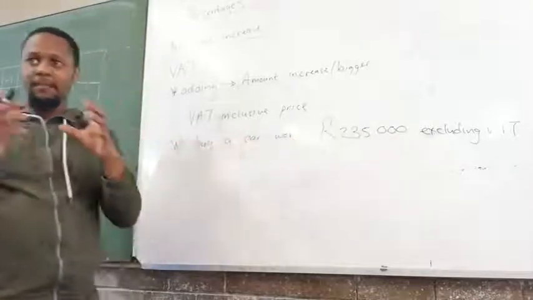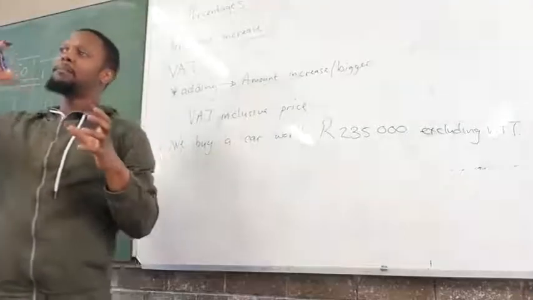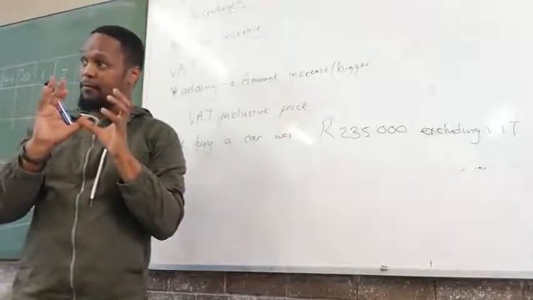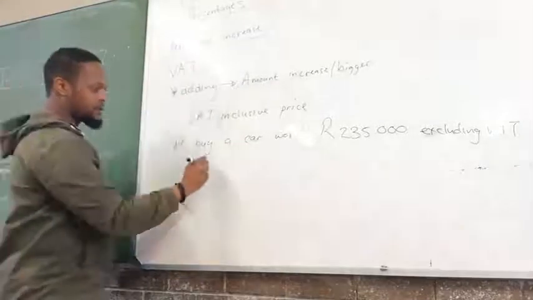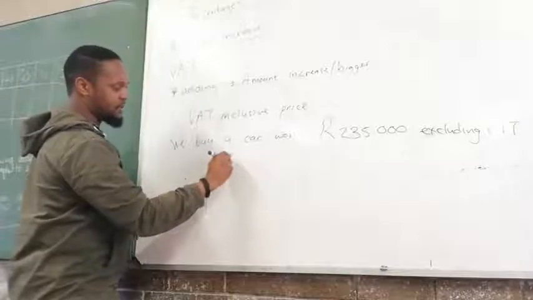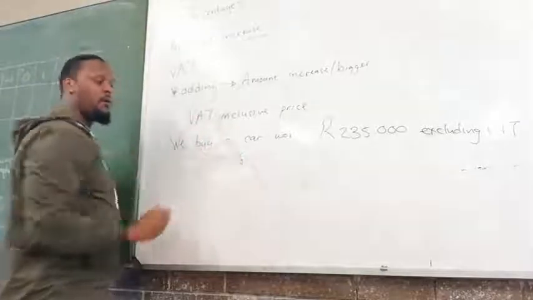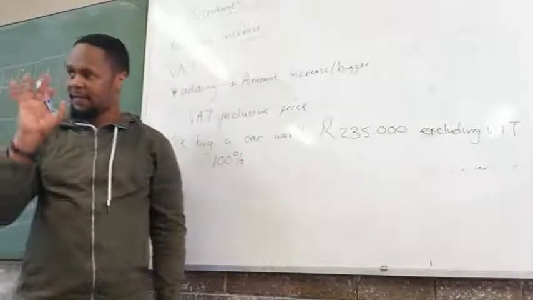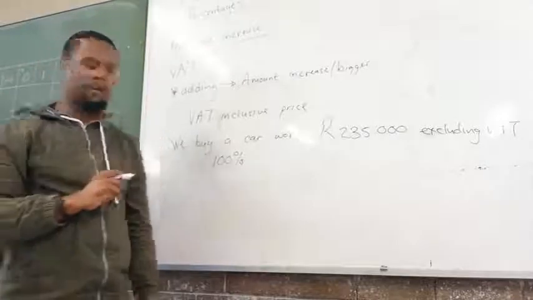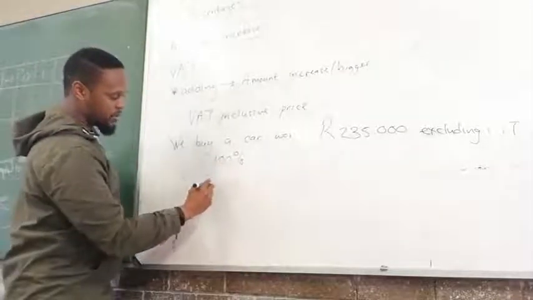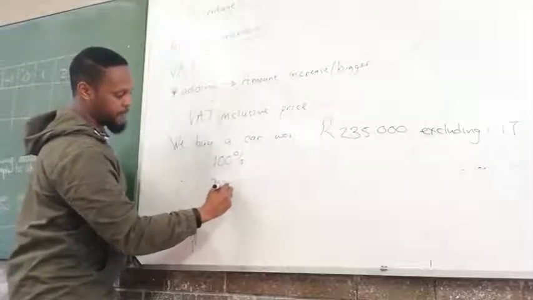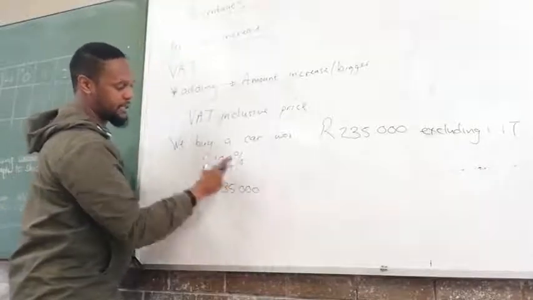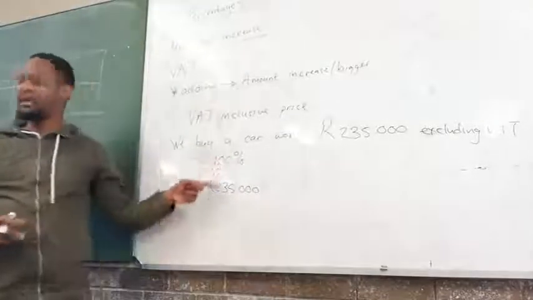And therefore that amount is not smaller nor is it bigger than what it is right now. So the 235,000 is going to be 100% of that amount. So we say 100% is the 235,000. That is 100%. They are exactly the same thing.